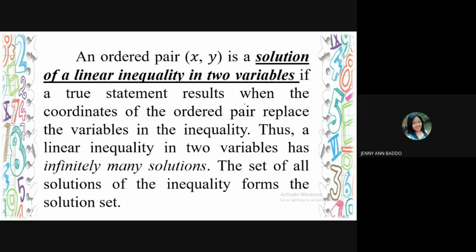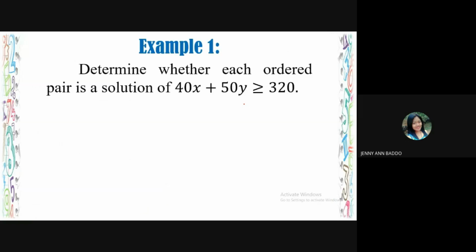So if you substitute the values for x and y and you arrive at a true statement, then it is a solution. Otherwise, it's not. Example, determine whether each ordered pair is a solution of 40x plus 50y is greater than or equal to 320.